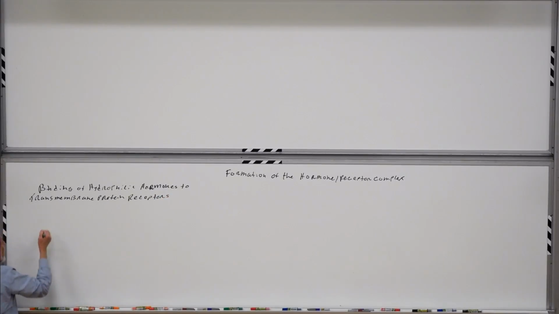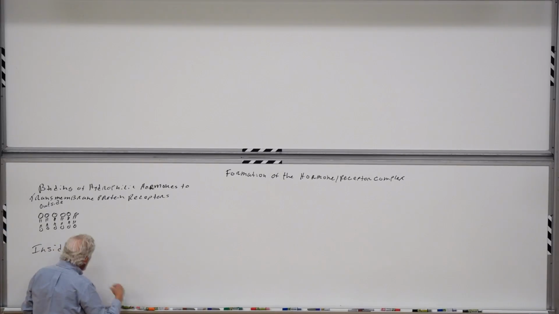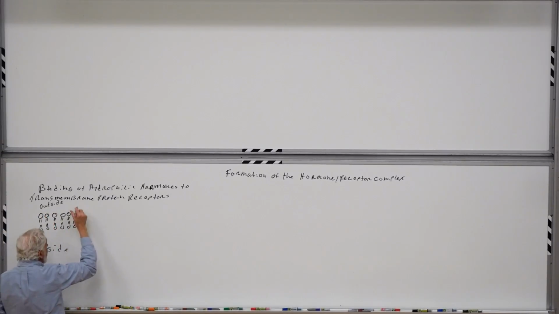So again, remember when we think about the phospholipid bilayer, where this is outside and this is inside, that those large hydrophilic hormones, whether they're peptides or proteins, did not have ready access across the phospholipid bilayer. So the signaling across the phospholipid bilayer is through a transmembrane protein.